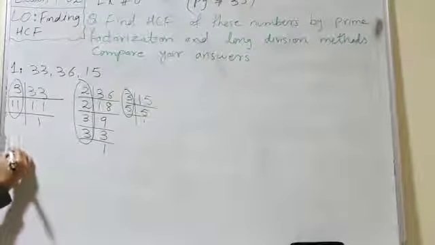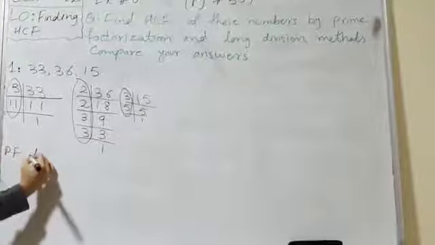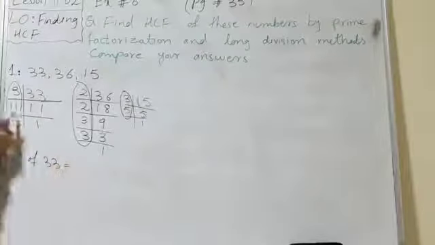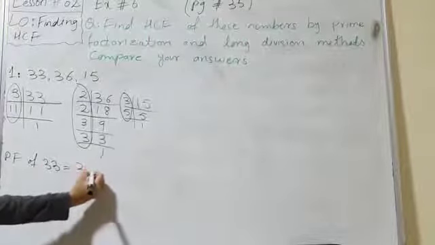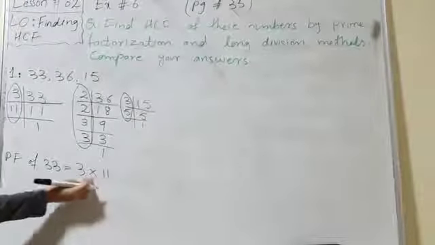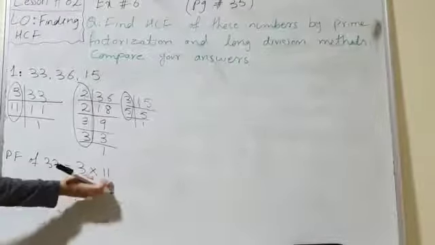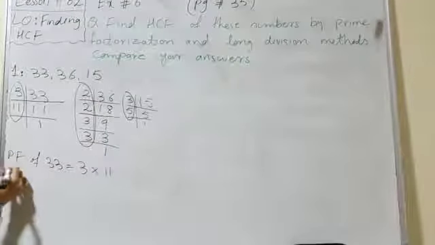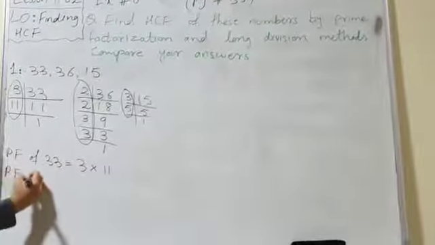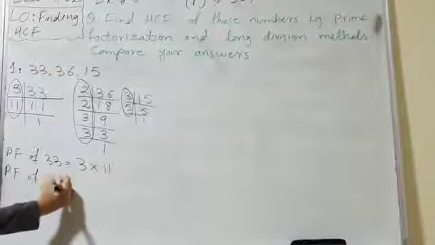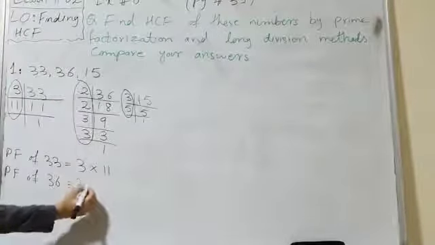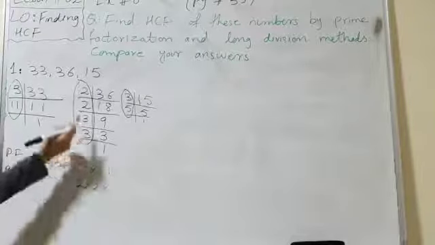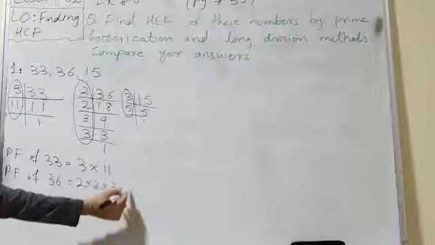Prime factors of 33 will be 3 multiplied by 11. So this is the method to write them. We will put the multiplication sign between them. Now for 36, prime factors of 36: first 2 multiplied by 2, multiplied by 3, then 3.